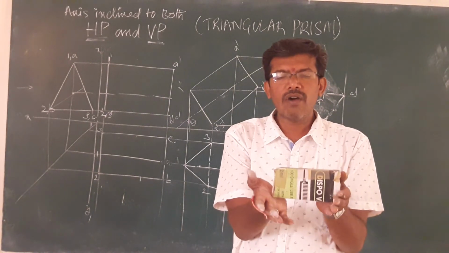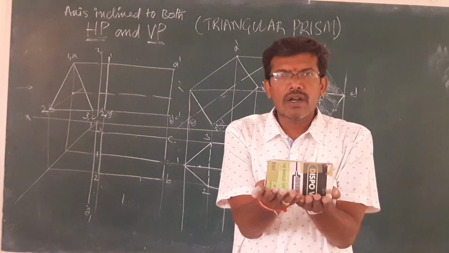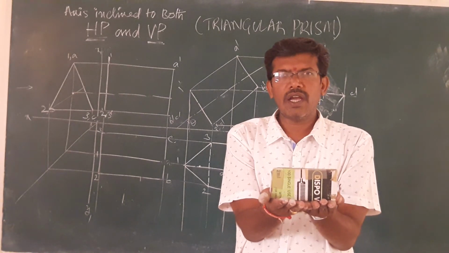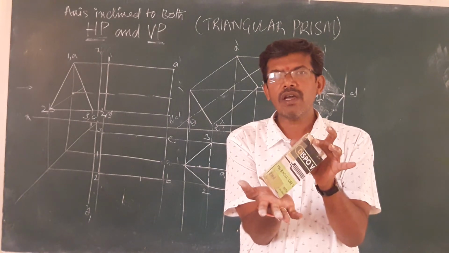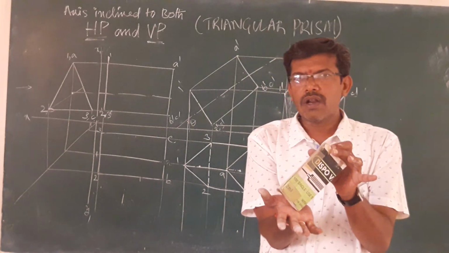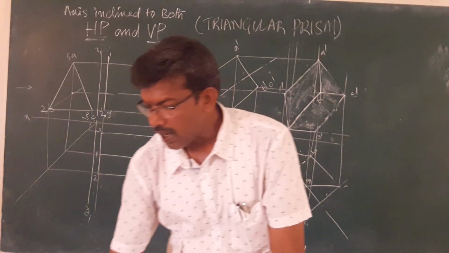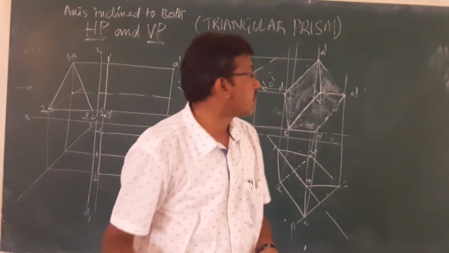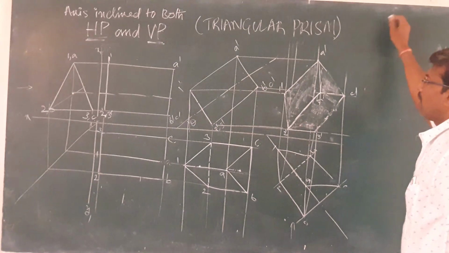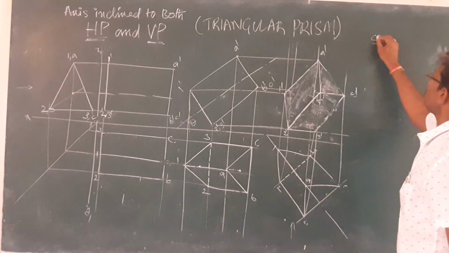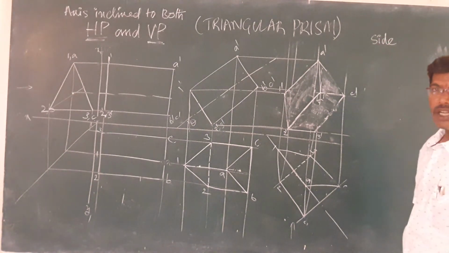So first of all, you have to draw the triangular prism like this, and you have to make turning with the horizontal plane such that a corner will be in the horizontal plane. So the conditions may be given in this form. One condition may be the side condition.